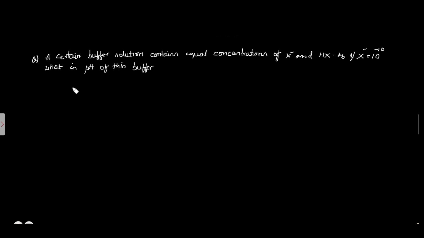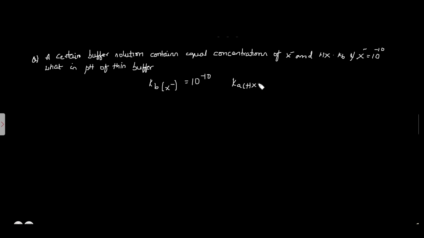Another example, a certain buffer solution contains equal concentrations of X minus and HX, that means conjugate base and acid, where Kb of X minus equal to 10 power minus 10. And what is the pH of this buffer? Okay, so here it is given Kb, right? What is B here? X minus anion, that is 10 power minus 10. But we need to know what is Ka, right? Ka of what?